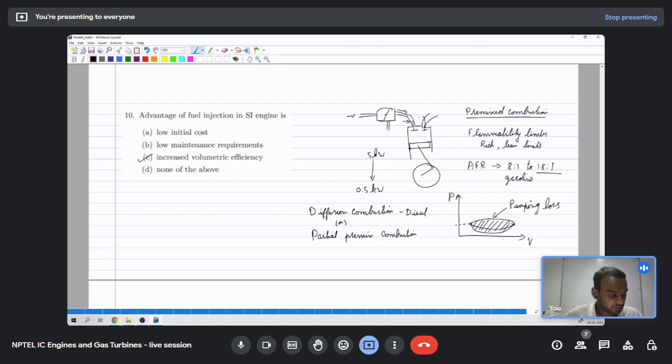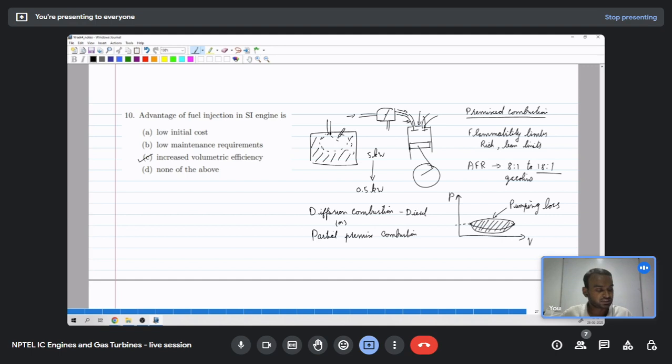So when we have fuel directly injected into the cylinder and a spark plug nearby, assume we have an injector injecting fuel and we have a spark plug, right? Now the entire combustion chamber is like this, but we have fuel across only this region, and outside of this region it is only air, so there is no fuel.